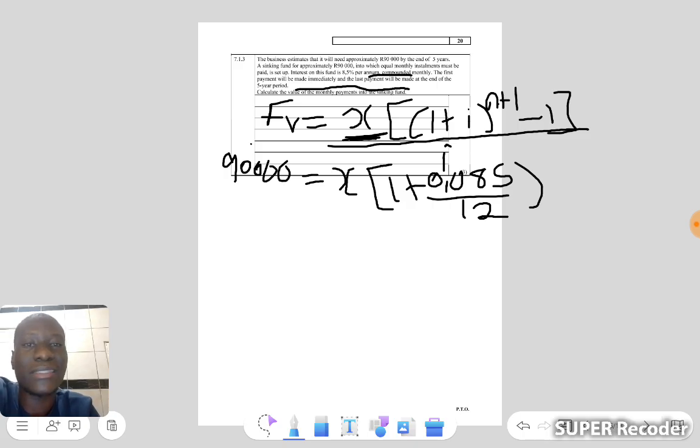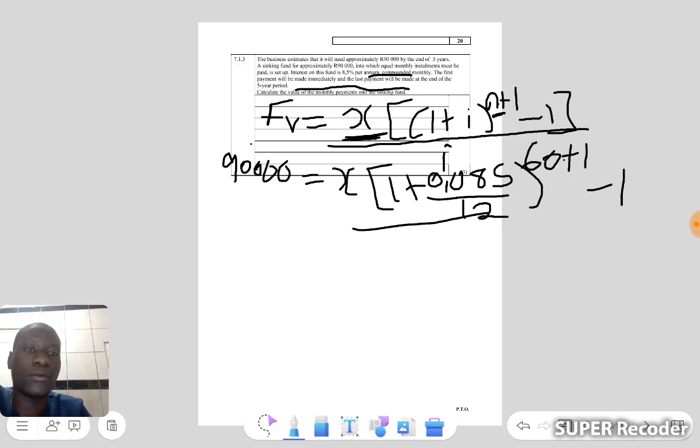So we are dealing with months here, not years. So at the end, we have to put months, not years. They've given us 5 years, but we have to multiply 5 times 12, which is 60. So 60 plus 1, minus 1, and you divide all by 0.085 over 12. Remember, divide by I.